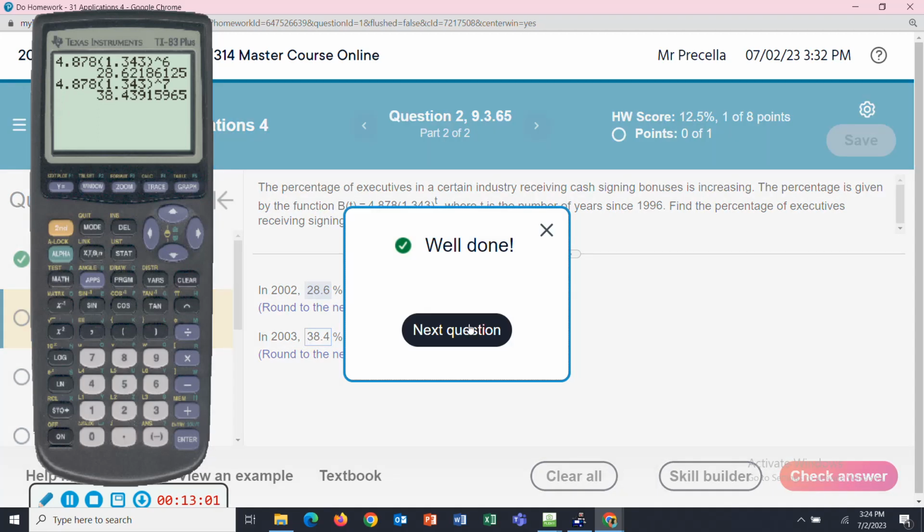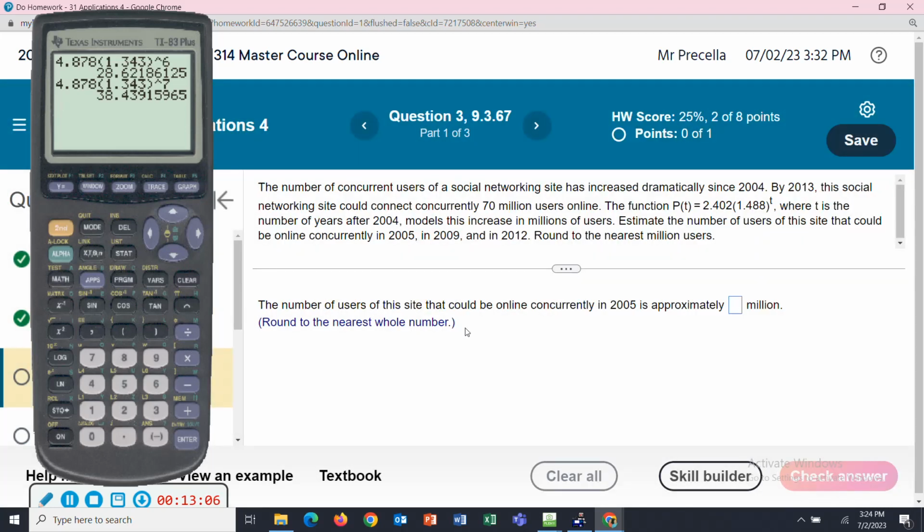Okay. Let's see. So we're just reading these problems, and basically you're going to have a calculator to plug into the formula that it's given you. All of these are exponential functions so far. Notice how the variable's up there in the exponent. The number of concurrent users of a social networking site has increased dramatically since 2004.